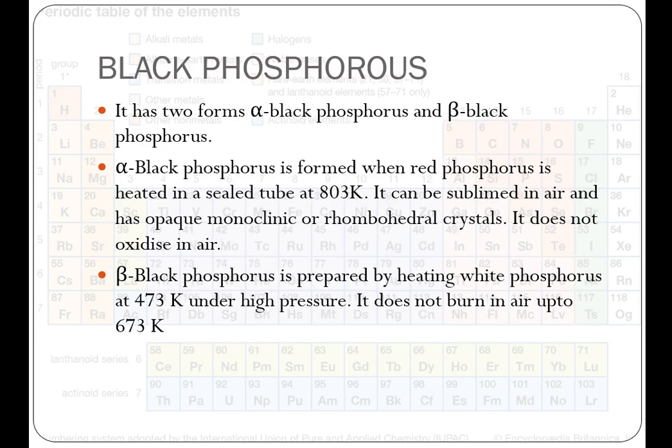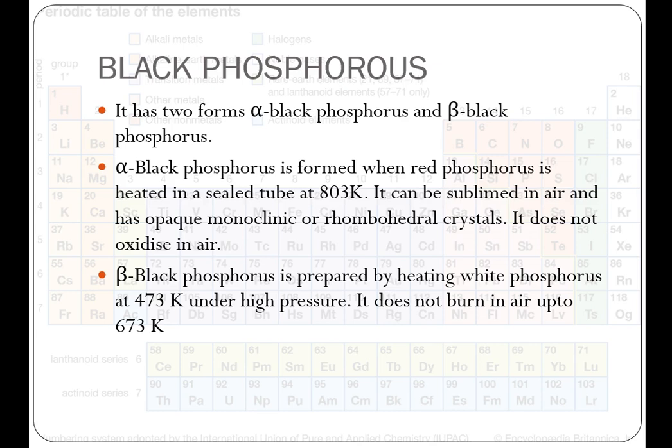Black phosphorus. It has two forms, alpha black phosphorus and beta black phosphorus. Alpha black phosphorus is formed when red phosphorus is heated in a sealed tube at 803 Kelvin.